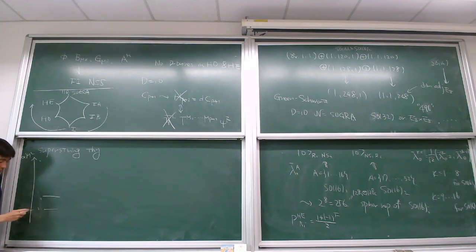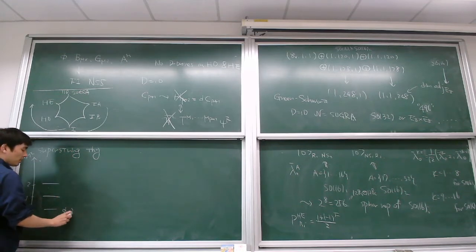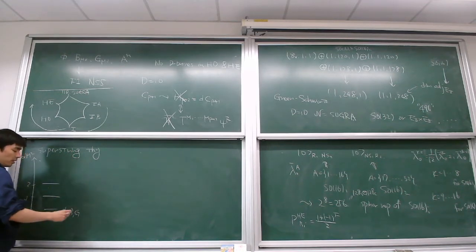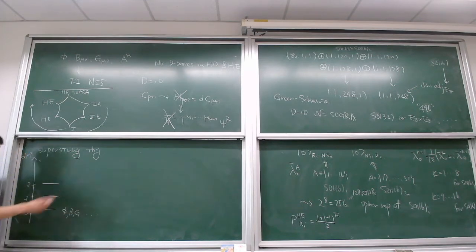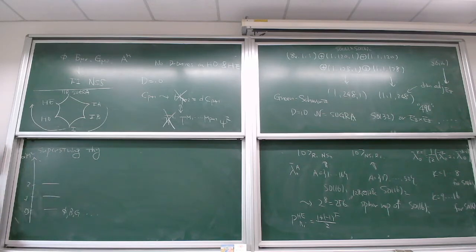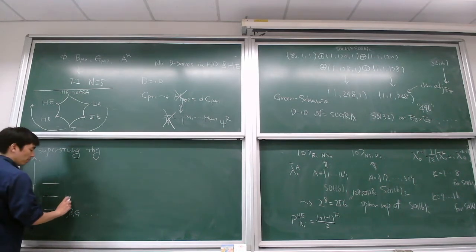There is a ground state and massive states, and at each level there are a bunch of states. In the massless states you have phi, B, g, and so on, depending on the string theory you consider, and you have excited states. In the homework, you counted how many excited states there are for the type II theory, as far as I remember 128 in the holomorphic sector and so on. Many massive states.